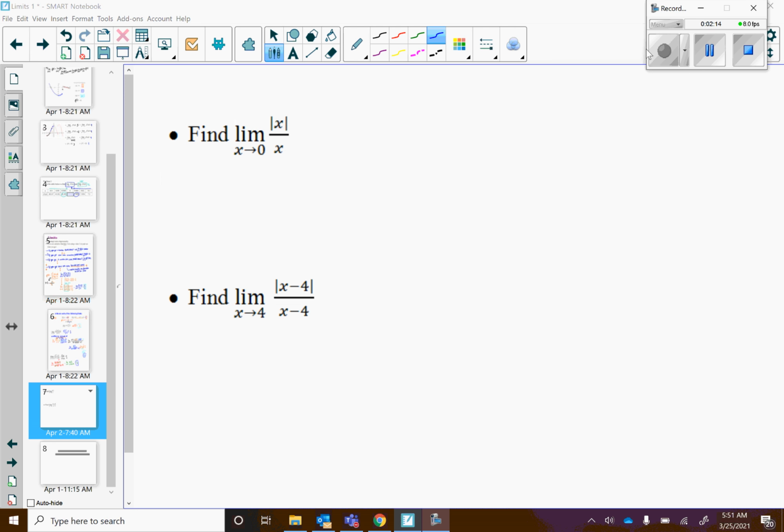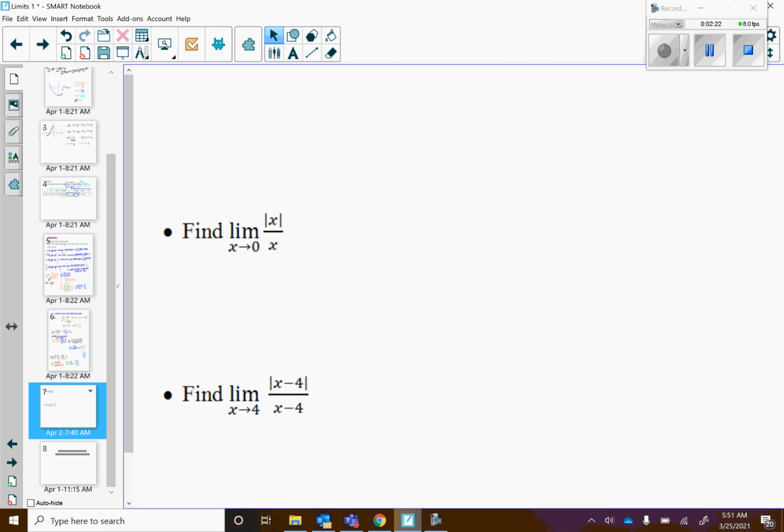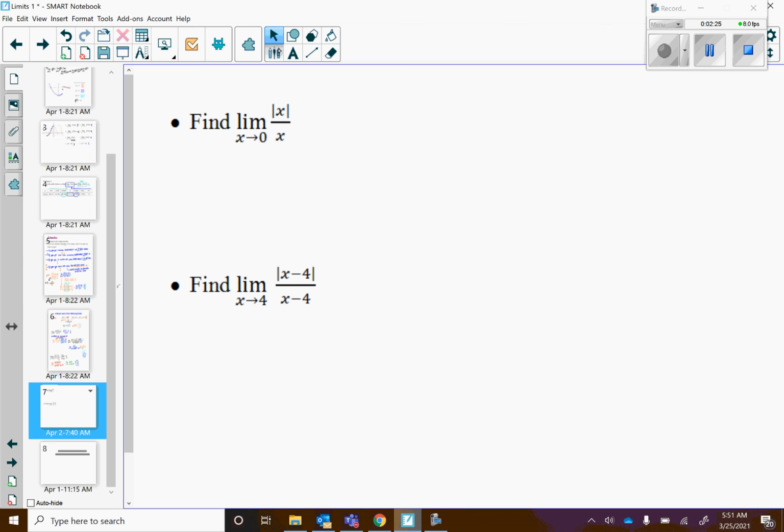The other example in this section is the limit as x approaches 0 of absolute value of x over x. So this is going to be a problem where it makes more sense to consider what the graph looks like.